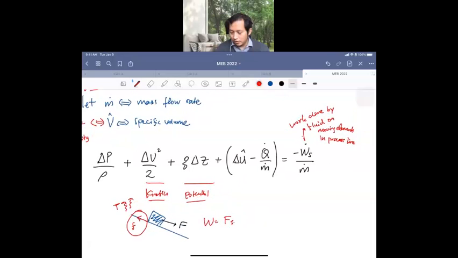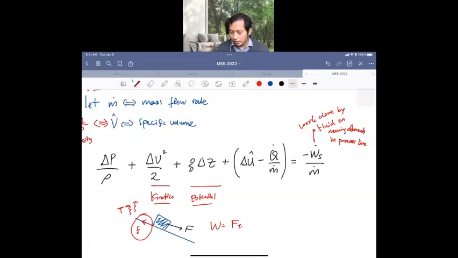Now this is actually a similar phenomenon when we have the kinetics and the potentials, and they both usually get converted to thermal energy, as a result of friction.